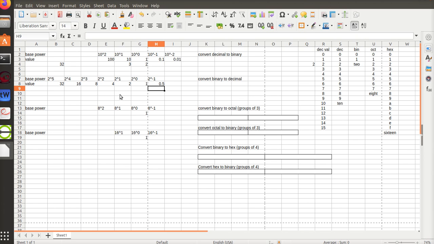Alrighty. So if I have a binary number, it has to have values of either a 0 or a 1. So 32, and we'll convert that in a minute to binary, means I would have a 1 in the 32s place, and then the rest of these would be zeros.